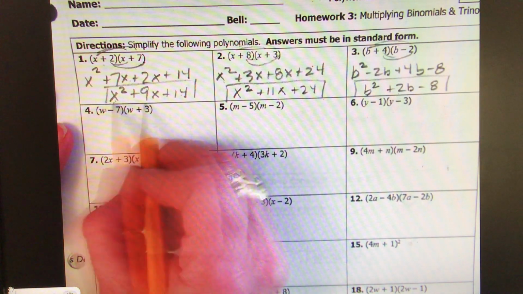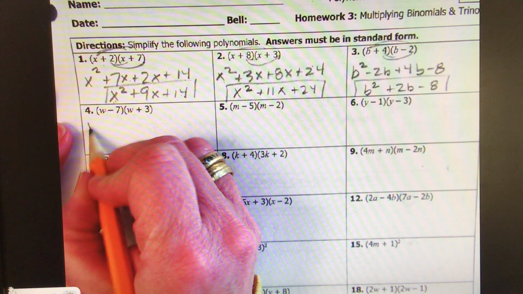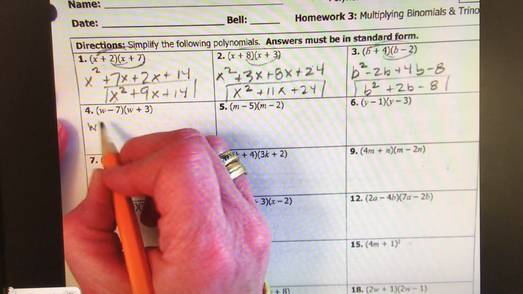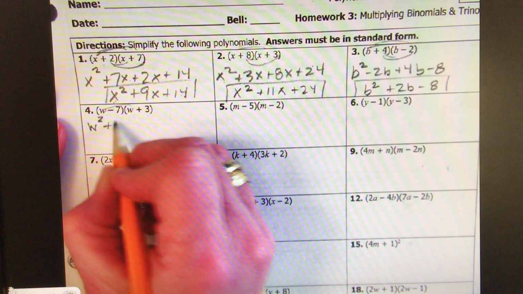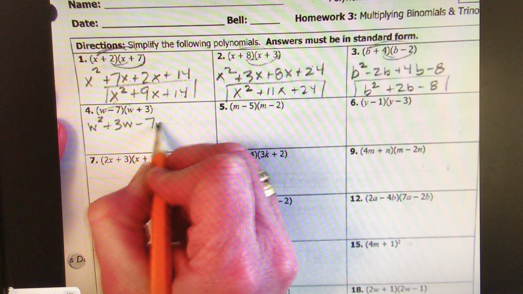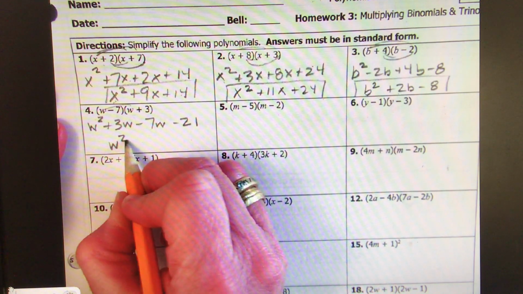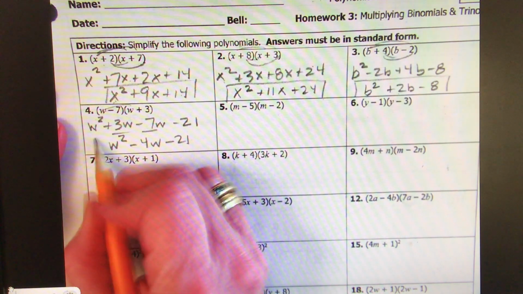I'm just going to let go of my scaffolding, and now I'm just going to try to go for it without doing my little FOIL stuff, right? You can always FOIL though first, right? Okay. w squared plus 3w minus 7w minus 21. Combine, I still have w squared minus 4w minus 21.